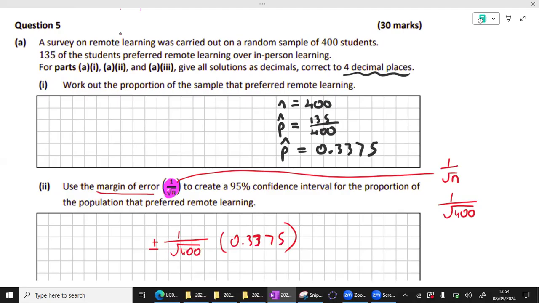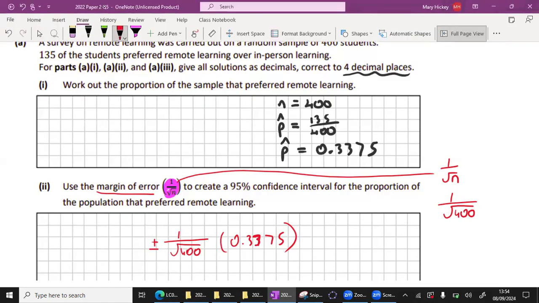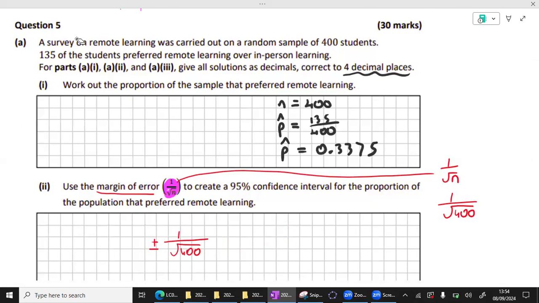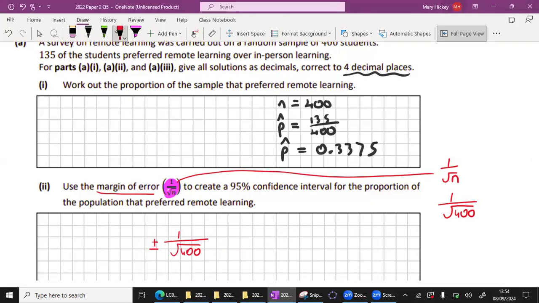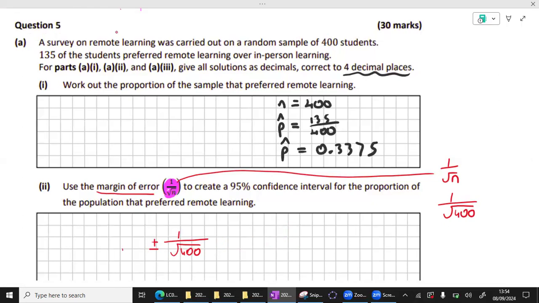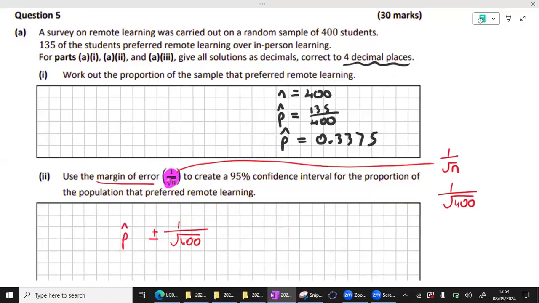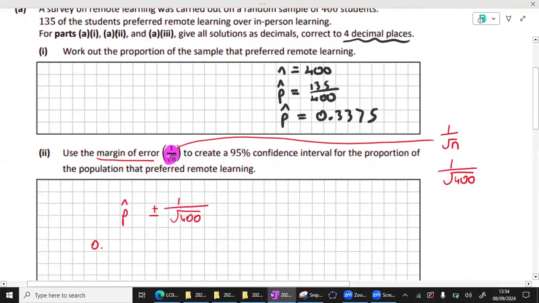Now that is giving me, no, sorry, I should have added or minus that from, not multiplied. Sorry. So I take my P hat and instead of doing my plus minus 1.96 root of P hat (1 minus P hat) over the amount of the sample, I'm just doing my P hat plus or minus the simplified version.